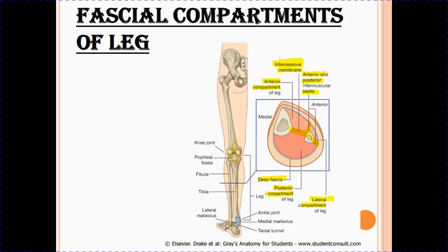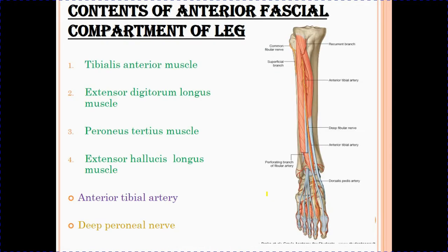In today's video, we are going to discuss the anterior and the lateral compartment of the leg, their contents, their muscles, and the nerves and the vessels which are present in these two compartments. So, contents of the anterior fascial compartment of leg. Now, in the anterior compartment, there are muscles, there is artery, vein, and a nerve.